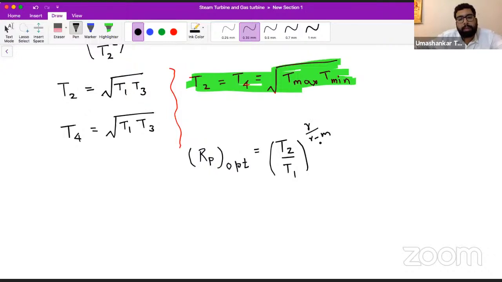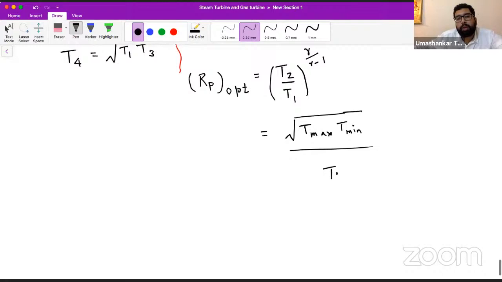If you place the value of T2 here, T2 is nothing but the geometrical mean of maximum temperature and minimum temperature, and T1 is already Tmin. So can we write it like this? Gamma upon gamma minus 1.